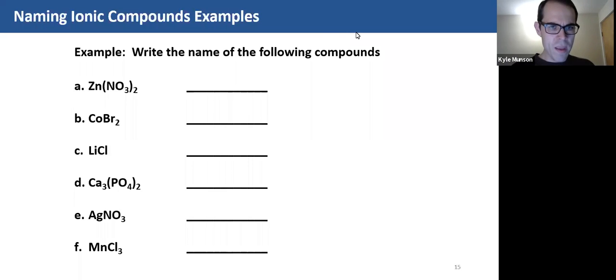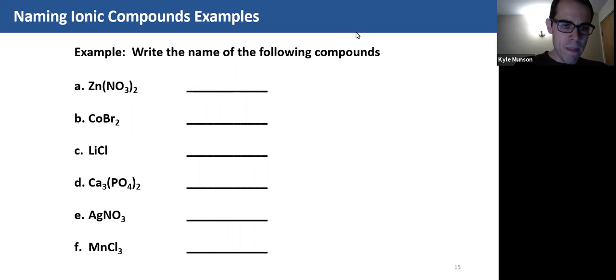All right, so let's just get right into it. Let's start naming these compounds. So there's a few ways you could do it. So I'll just, I think, kind of reverse the process we did before when we were forming these ionic compounds. So I'm going to kind of write the ions and then name it. Okay.